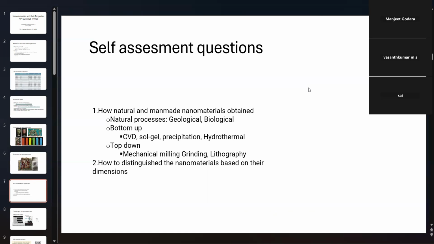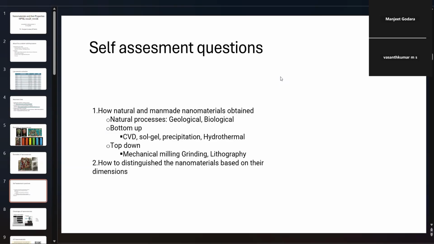Or biological methods: some bacteria produce particles. Or like the butterfly wings we covered in the last session, they have nanostructures in their wings. Like bottom up.